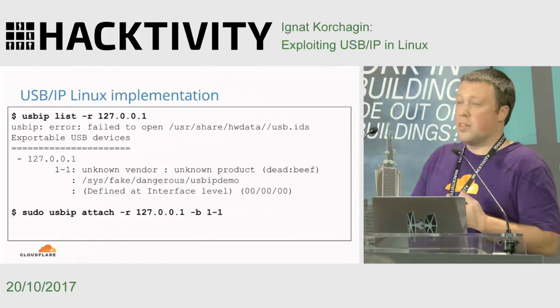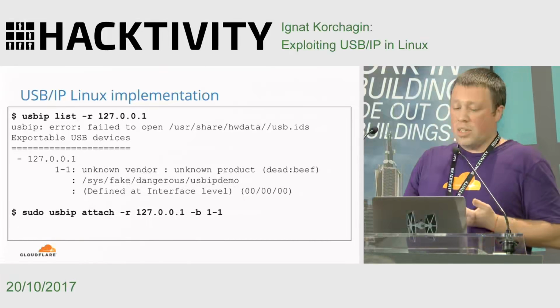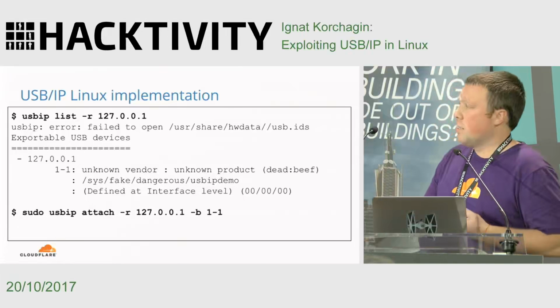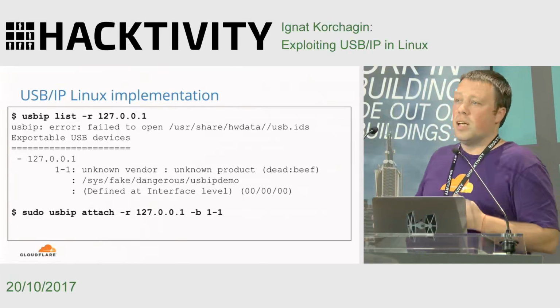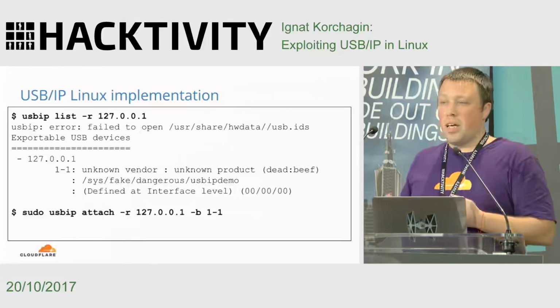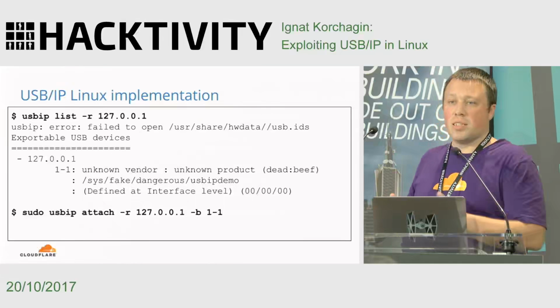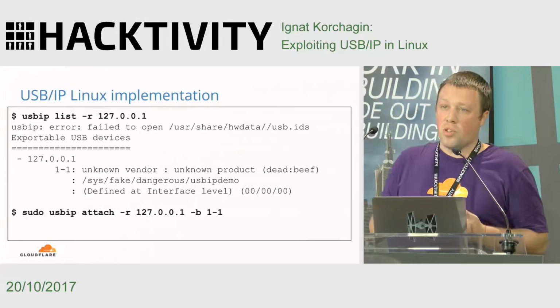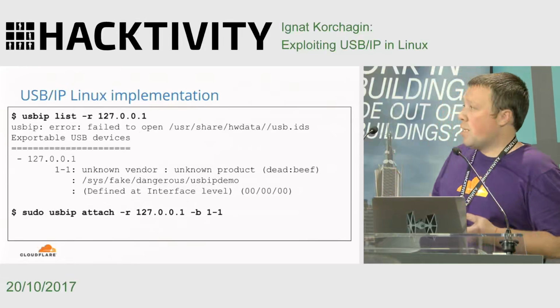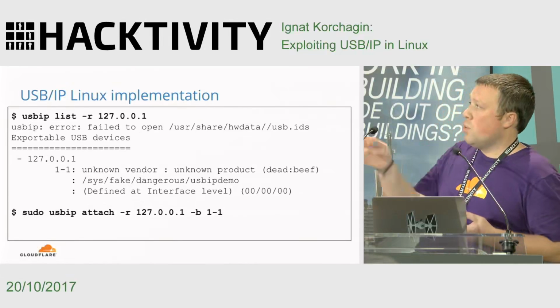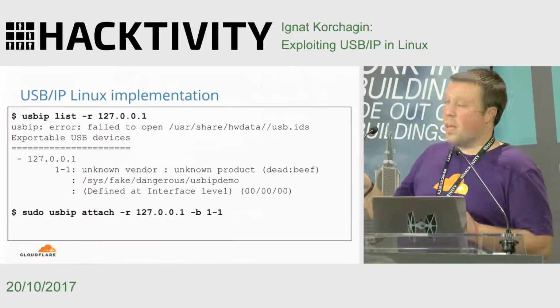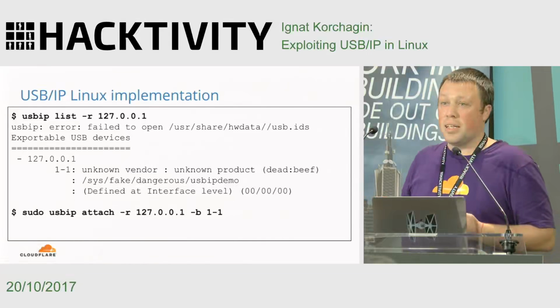So when I originally researched that, what was interesting for me is that on the server side, you have the USB IP daemon, which runs in the background, providing the server functionality. But on the client side, when you issue both these commands, the USB IP client utility exits immediately.